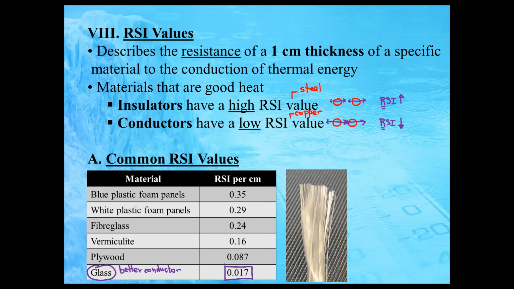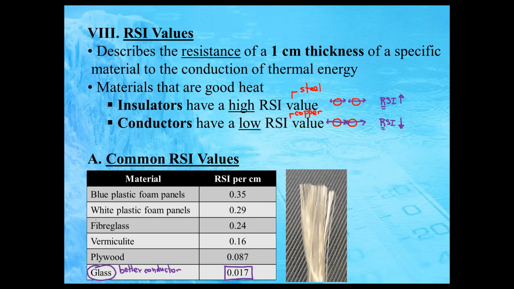Now, there are certain things we can do to improve this. Instead of a double pane of glass, we can use a triple pane of glass. We can increase the thickness. Or some panes of glass have an inert gas between the different layers, and that inert gas can actually make the RSI value higher, thereby restricting the flow of thermal energy to the outside.